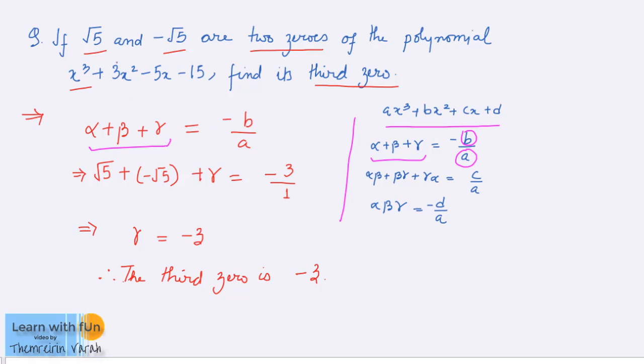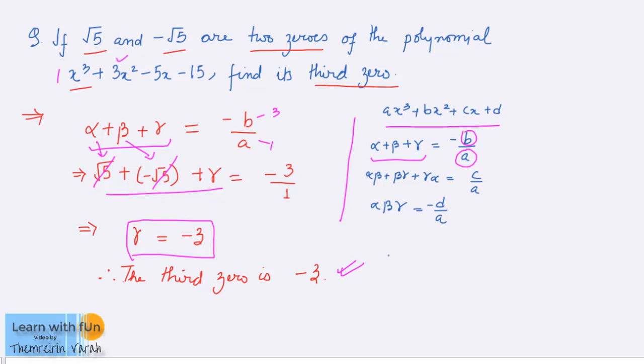Here b is 3 and a is 1. Alpha is root 5 and beta is minus root 5. So add them up: root 5 and minus root 5 cancel, and gamma will be equal to minus 3 by 1, which is equal to minus 3. So the third zero is minus 3.